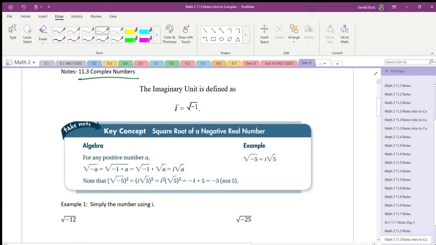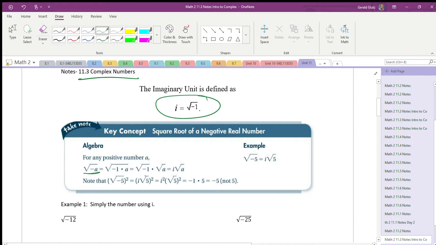One thing you need to know is that i is equal to the square root of -1. That's the basic thing we need to know about all of these equations. A quick example: if you have the square root of -a, another way to write that is the square root of -1 times a.